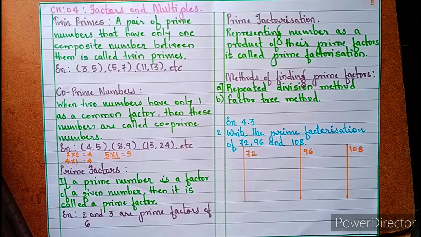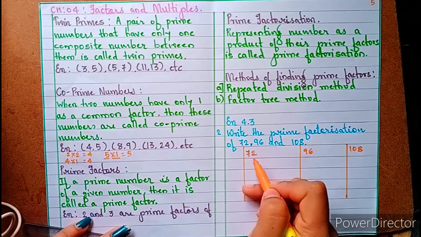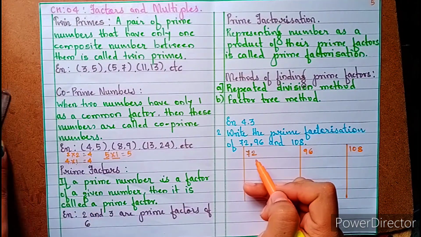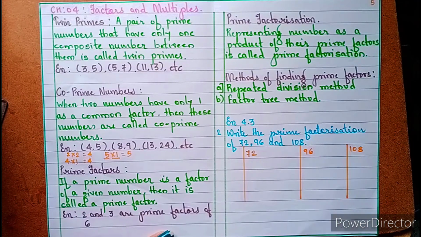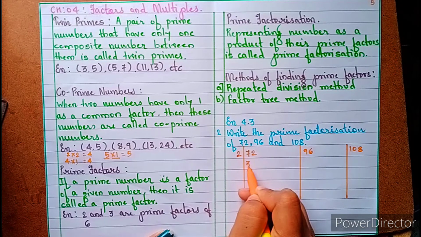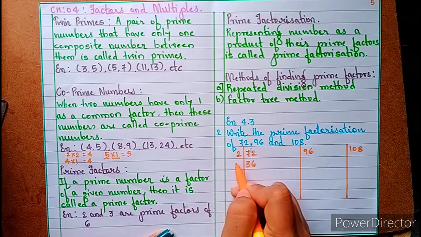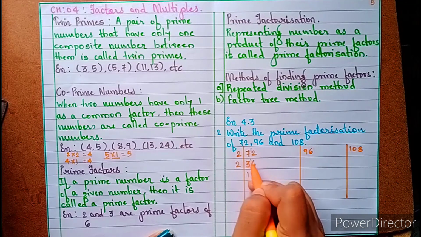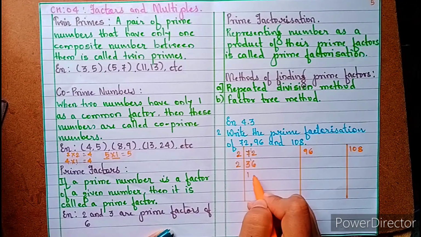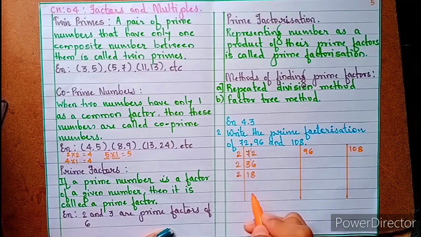First, let's find the factors of 72. As it ends in 2, it is divisible by 2, and 2 is a prime number. So let's divide. 2 3s are 6, remains 1, 2 6s are 12. Then 2 1s are 2, 2 8s are 16, 2 9s are 18.